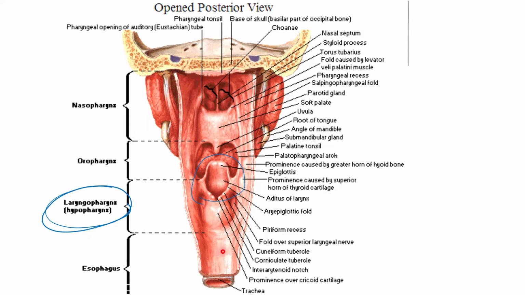The posterior wall has been opened up, and on either side the laryngopharynx is covered by the mucous membrane. On each side of the laryngeal inlet lies the pyriform fossa. This is the laryngeal inlet, as I have already told.